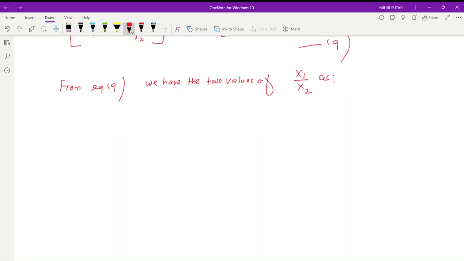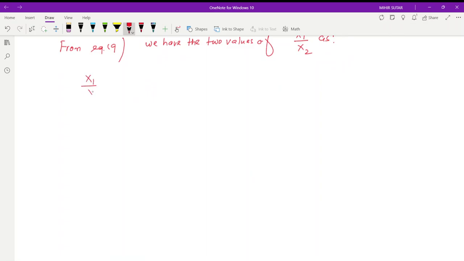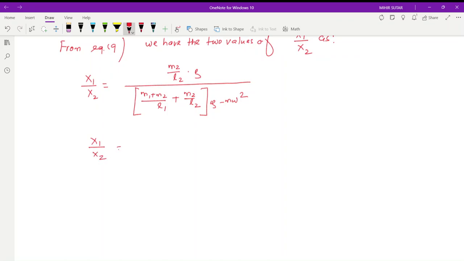The first value is X1 by X2 equal to m2 by L2 into g divided by (m1 plus m2 by L1 plus m2 by L2) g minus m1 omega square, and the second value X1 by X2 will be (m2 by L2 g minus m2 omega square) divided by m2 by L2 g.